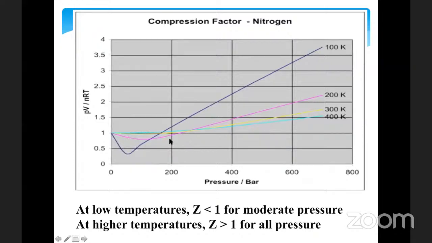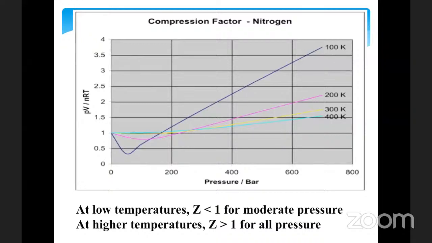As the temperature increases, the dip is reduced, showing that as you increase the temperature, the interaction or the volume of the gas begins to increase, because the gases move faster and the collision of these gases increases.